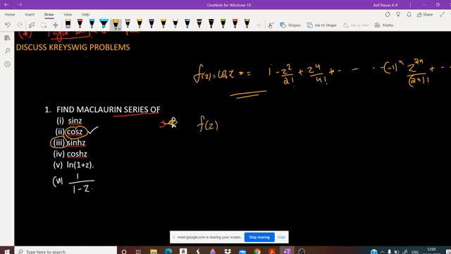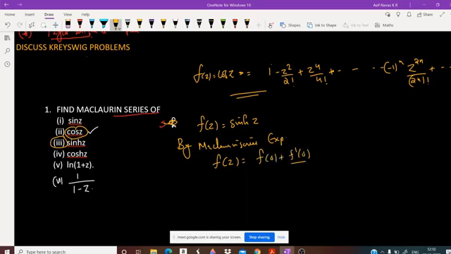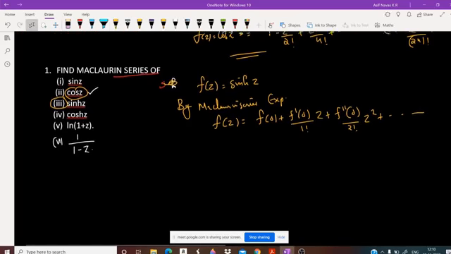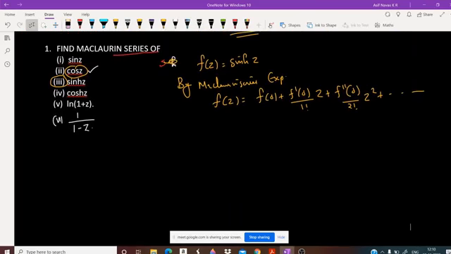If f of z is equal to sin hz, then we know that by Maclaurin series expansion, f of z can be written as f of 0 plus f dash of 0 by 1 factorial z plus f double dash of 0 by 2 factorial z square plus etc. Now similarly we will find f of 0, f dash of 0, etc. Here f of z is equal to sin hz.